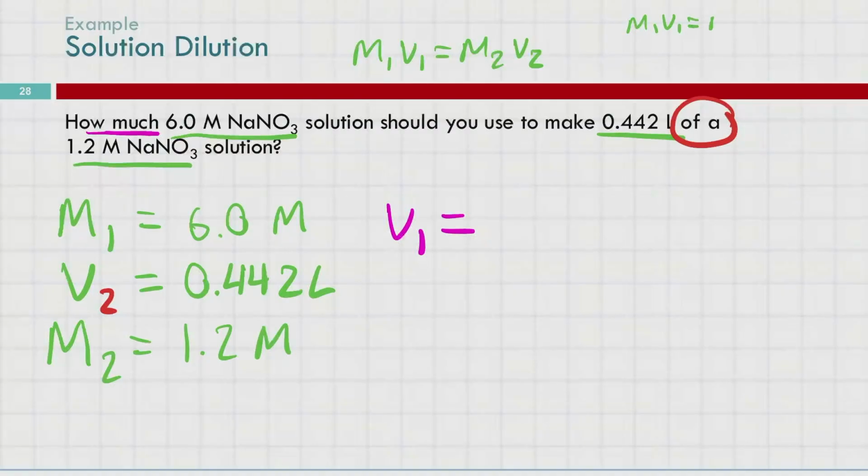So M1V1 equals M2V2. We can turn that into V1 by itself. Doing that in this top right corner. Divide both sides by M1. So M2V2 over M1 will get us V1.